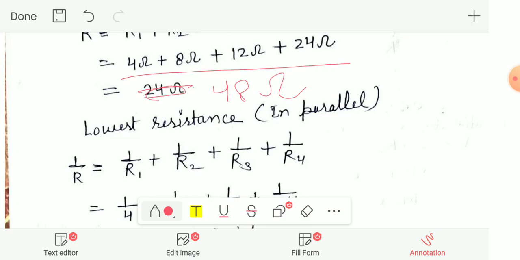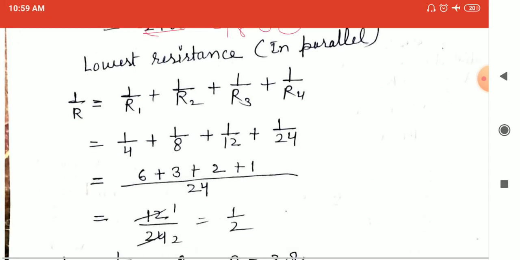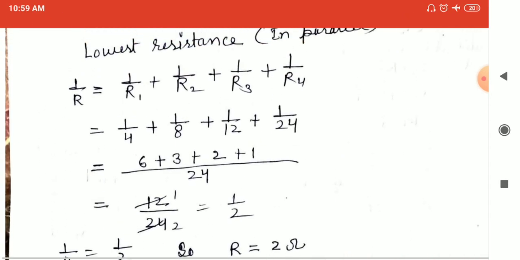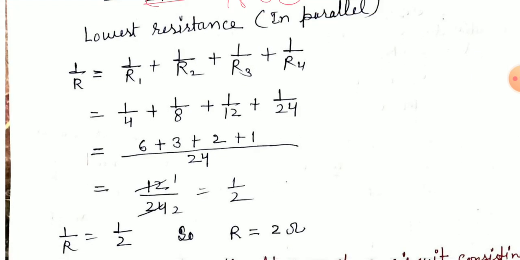And lowest resistance, when we connect all 4 resistances in parallel manner, we will get lowest resistance. So 1 upon R equals 1 upon R1 plus 1 upon R2 plus 1 upon R3 plus 1 upon R4.